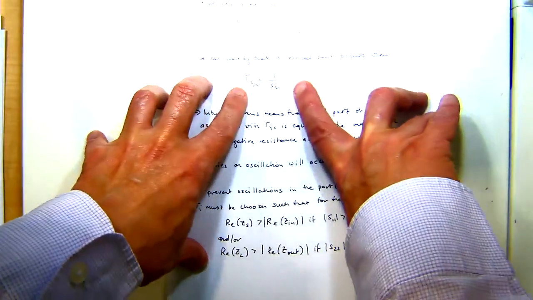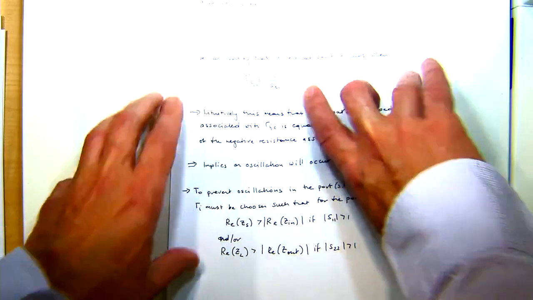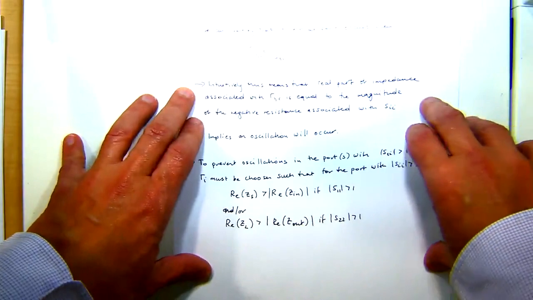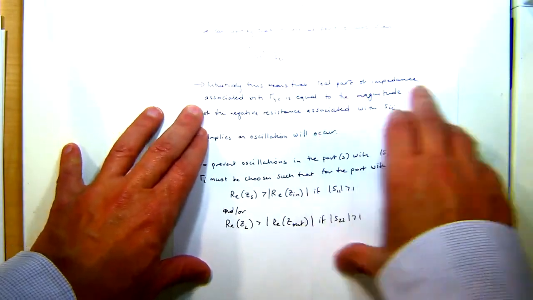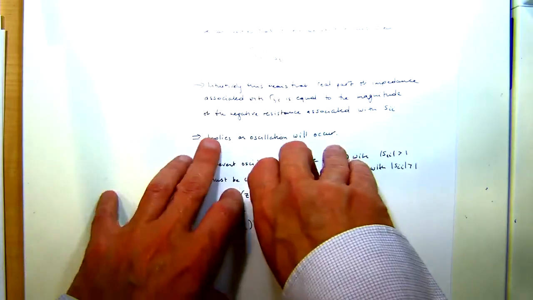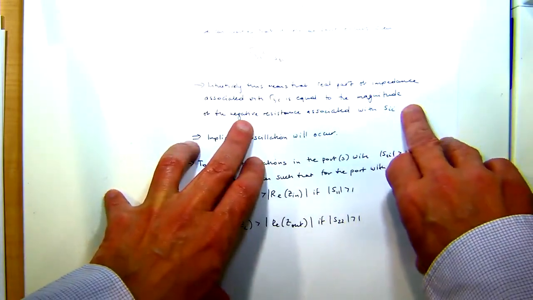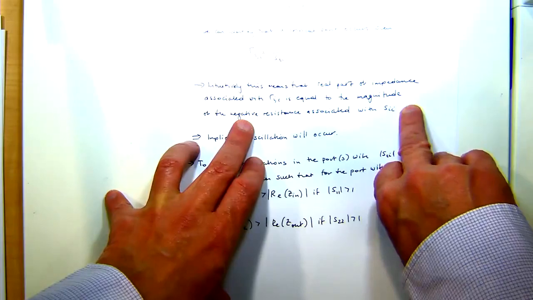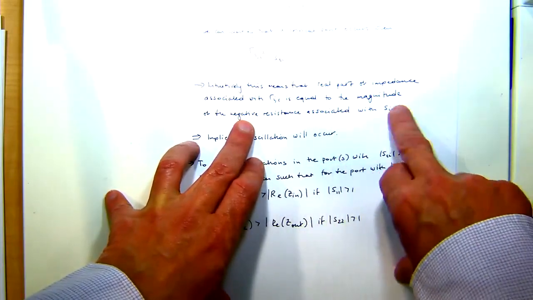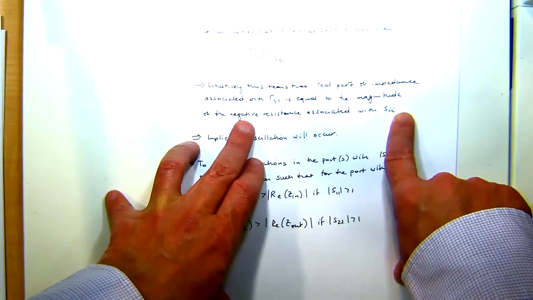And what essentially all this is saying, if you really think about it from a circuit perspective, is that the real part of the impedance associated with the reflection coefficients is equal to the negative part of the resistance associated with the scattering parameter. Right.